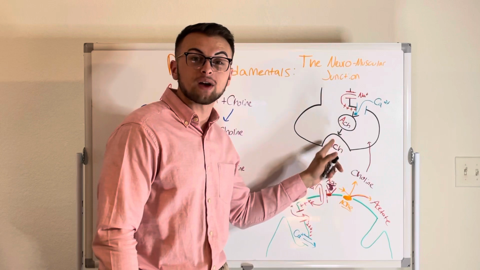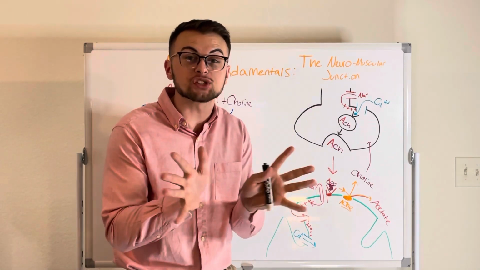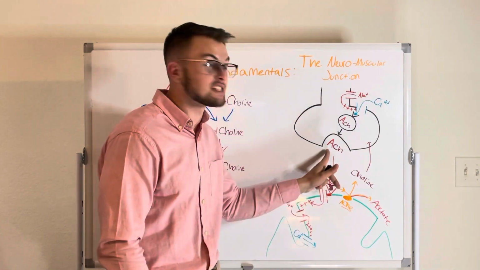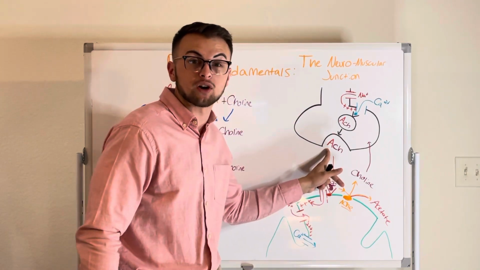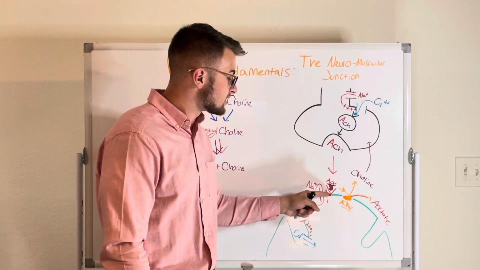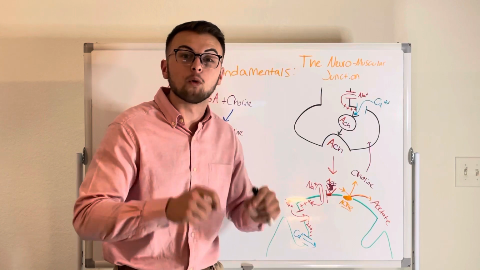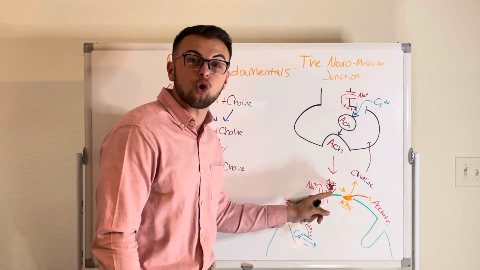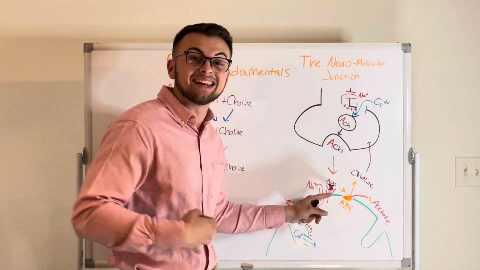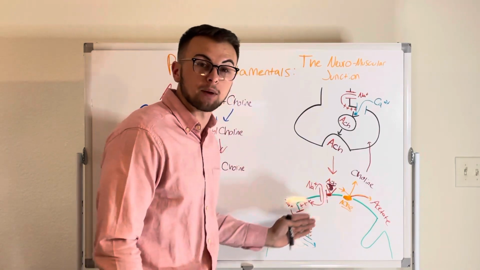Our vesicle envelope is then ripped apart as it performs exocytosis, and our acetylcholine neurotransmitter can now diffuse across to the postsynaptic cell membrane. Acetylcholine will bind to the acetylcholine receptor, or nicotinic receptor, on the postsynaptic cell membrane.